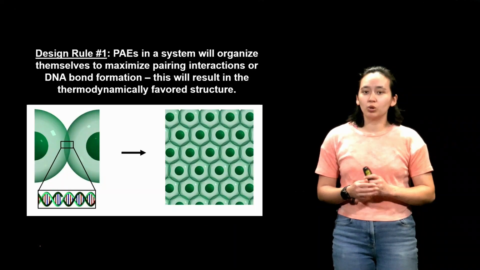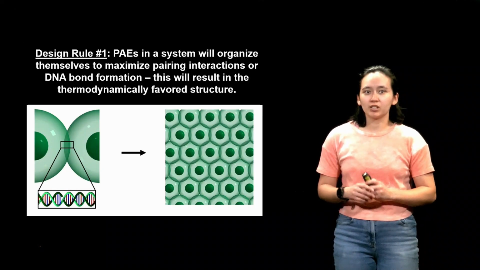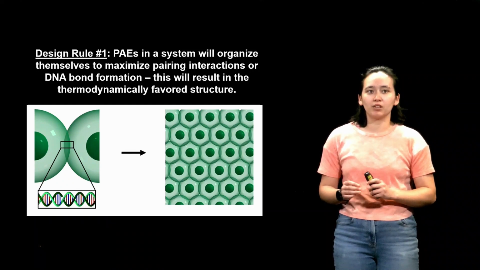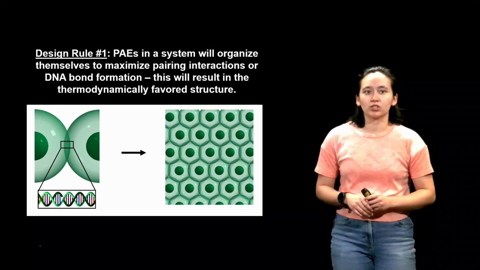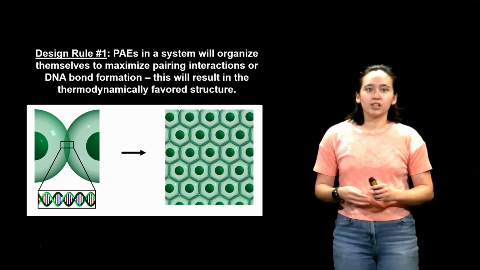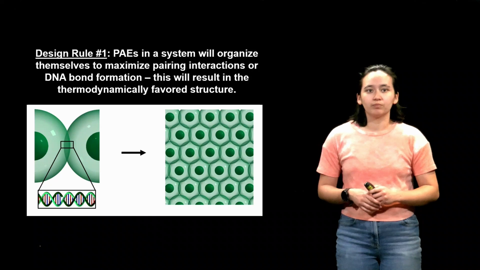The first design rule is that PAEs in a system will organize themselves to maximize pairing interactions or DNA bond formation. This will result in the most thermodynamically favored structure. So let's look at simple examples of this design rule in action.